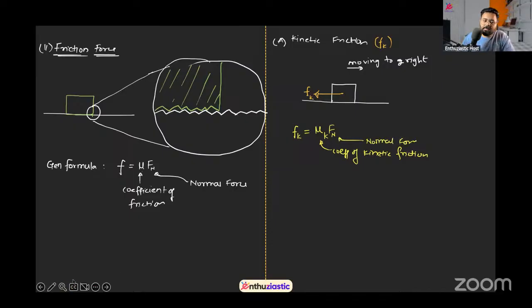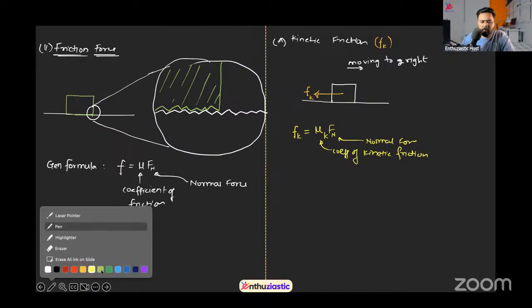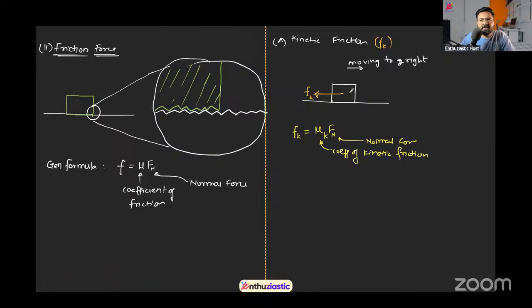So what is the value of normal force and what is the value of mu k? Mu k can be anything. It is a number which ranges from 0 to 1. It's a coefficient that depends on different surfaces. But what is normal force? Your mg is acting downward, that is your gravitational force, and this is the normal force. The normal force and mg balance each other, so normal force is equal to mg. So in this particular case, Fk is equal to mu k times mg.